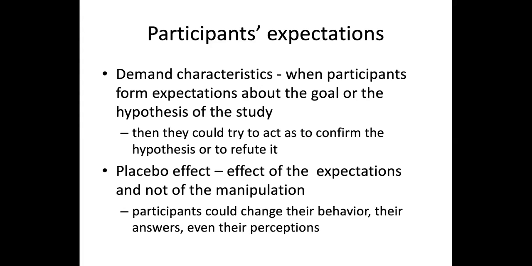First, you could have the so-called demand characteristics. This is a problem that could arise in a study if participants have some expectations about the goals or about the hypothesis of the study.